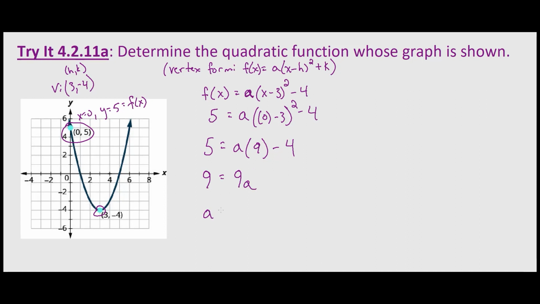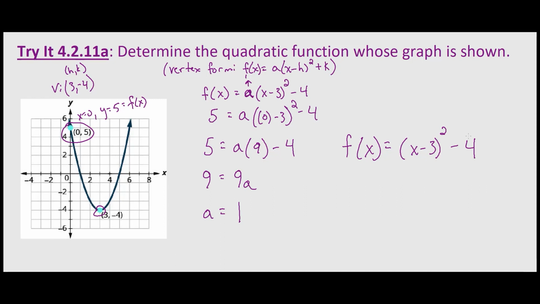We divide both sides by 9, and we get a equals 1. So then that tells us the equation for the function. We just substitute a equals 1 now. So f of x equals 1, or just the invisible 1, so f of x equals (x minus 3) squared minus 4.